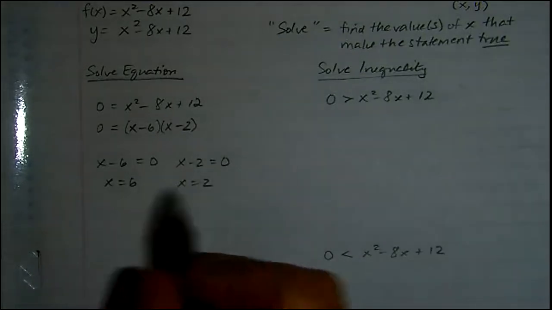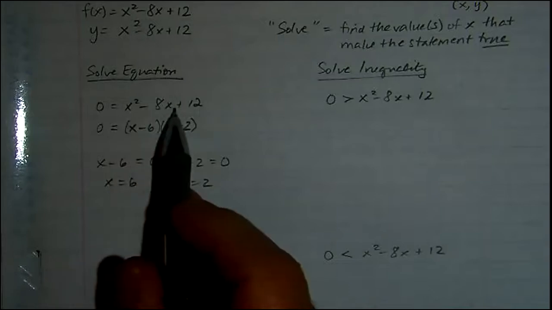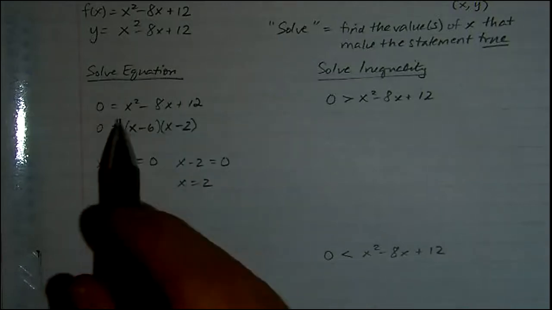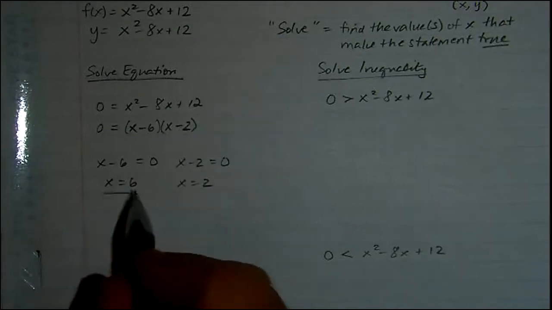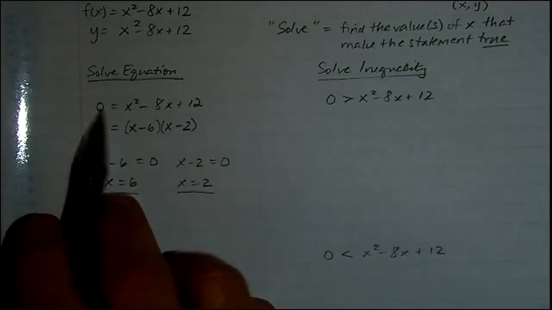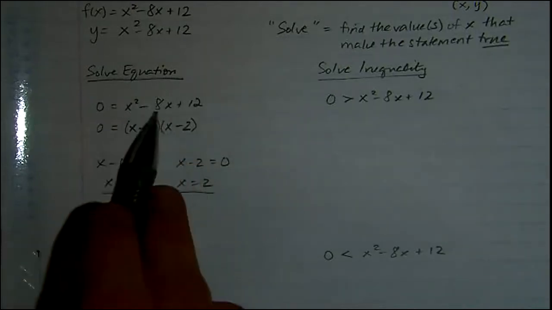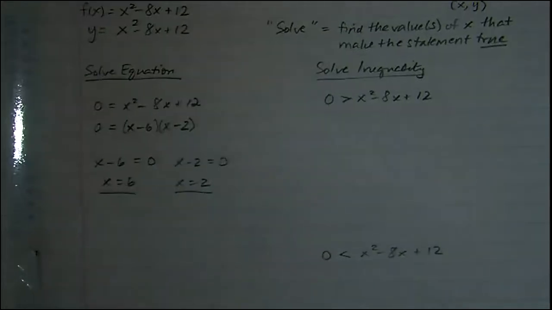Okay, so we have found two solutions, x equals 6 and x equals 2. Both make this equation true, and we know those are the only values of x that make this equation true. So that's this method of solving an equation for a specific value y. We're looking for values of x that make the expression equal 0, which would make the equation true. Okay, two solutions.